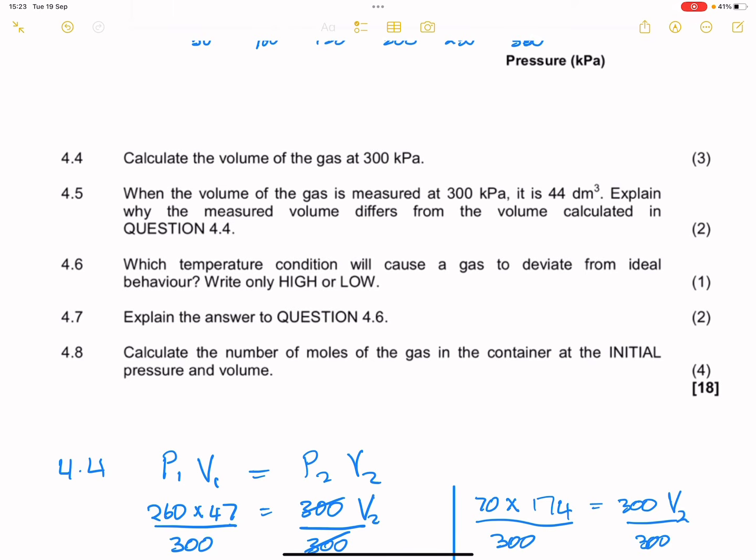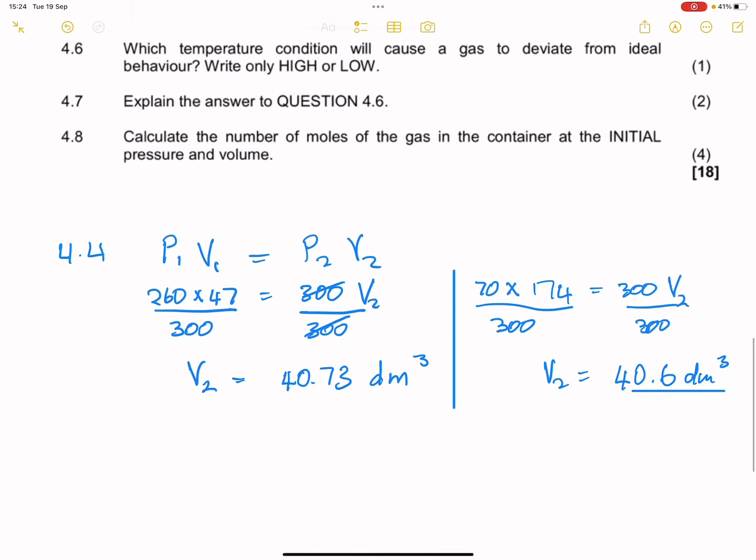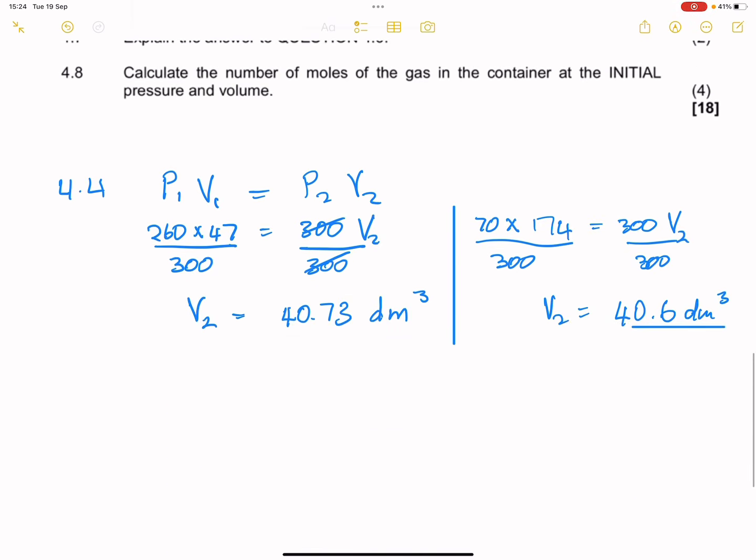Right, so they say when the volume of gas is measured at 300 kilopascals, it is 44 cubic decimeters. Explain why the measured volume differs from the volume calculated in 4.4. Now, ladies and gents, I want you to always keep in mind, when we are dealing with gas laws, we always assume that we are dealing with ideal gases.